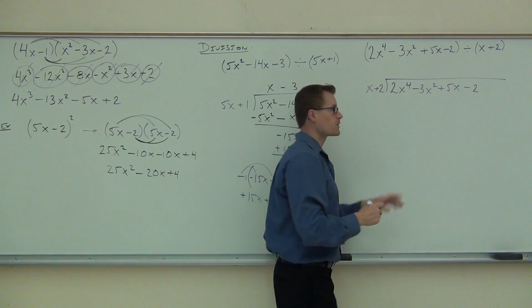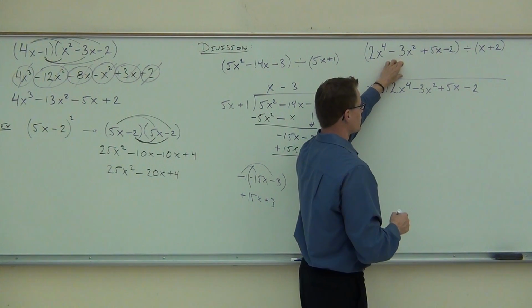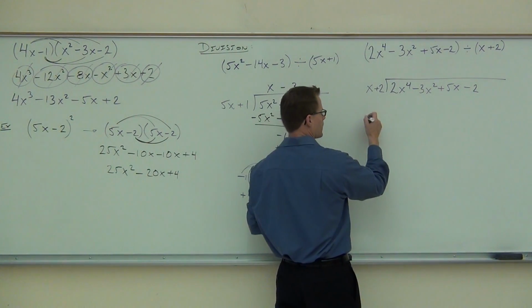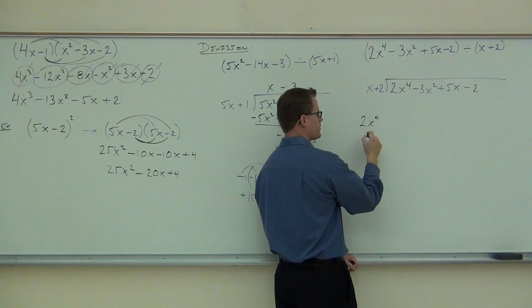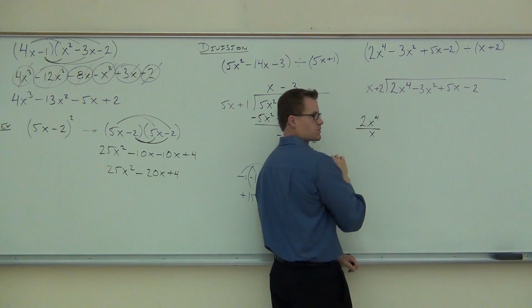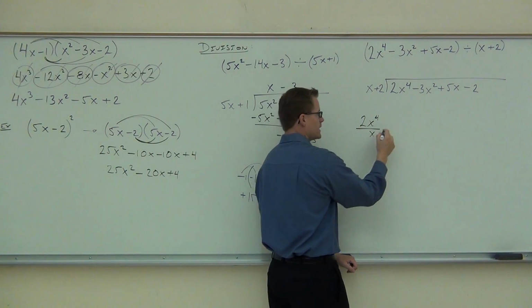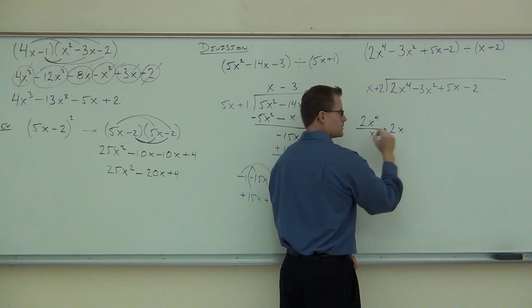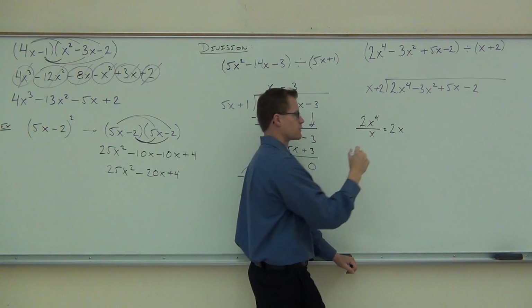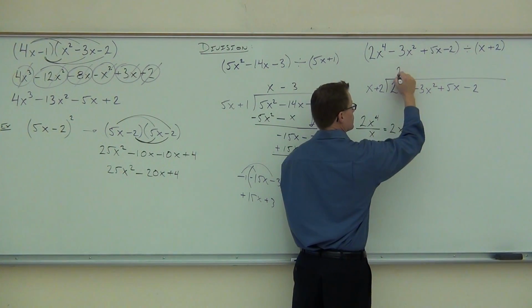So what we do to get the very first term of our quotient, we're going to take the 2x to the 4th. You see where I'm getting that, right? Divided by the x. You see where I'm getting that? And what we get out of that is a 2x to the 3rd, that is what's going to go up top.